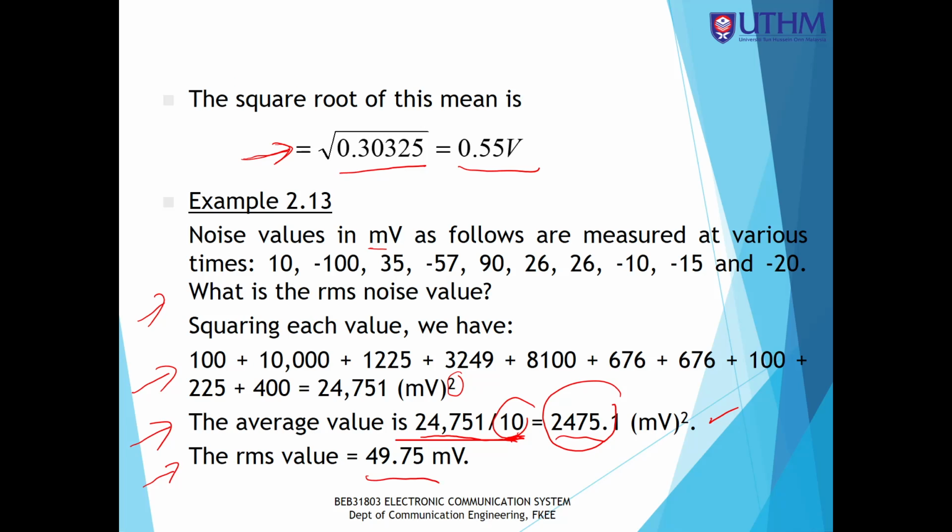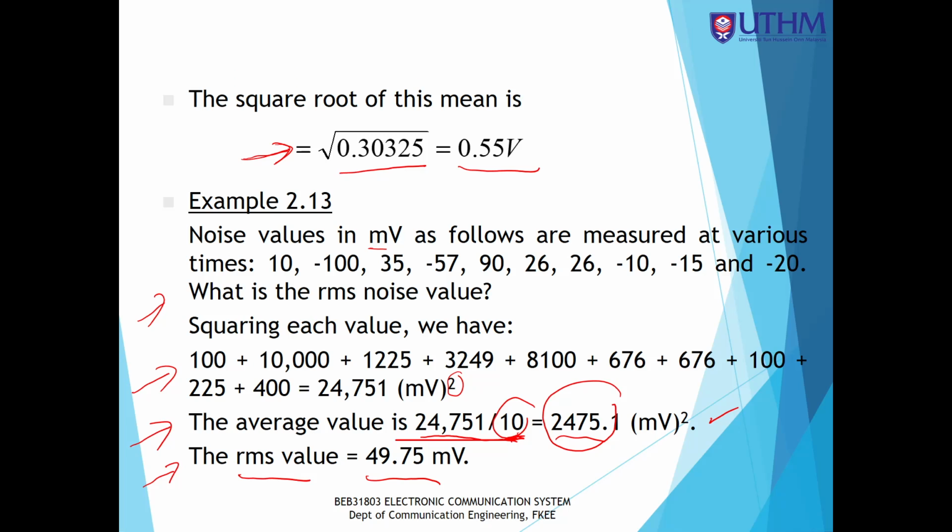Therefore you akan dapat 49.75 millivolt. Okay, boleh guna calculator. So this is what we call the RMS value of all the noise voltage measured using the voltmeter.